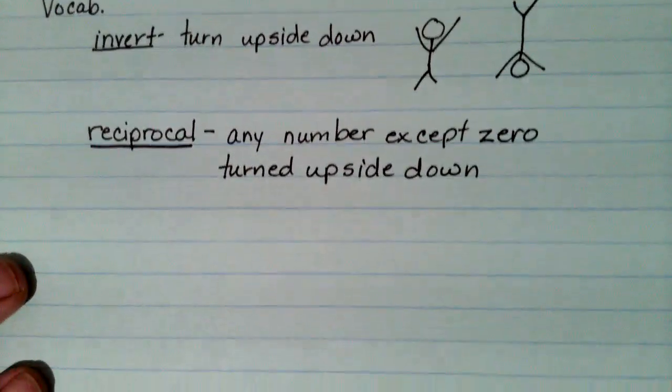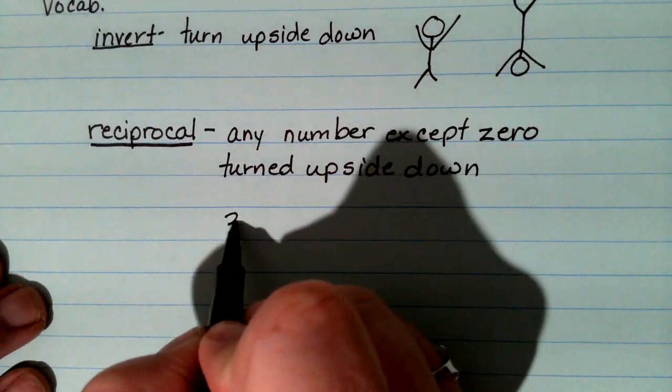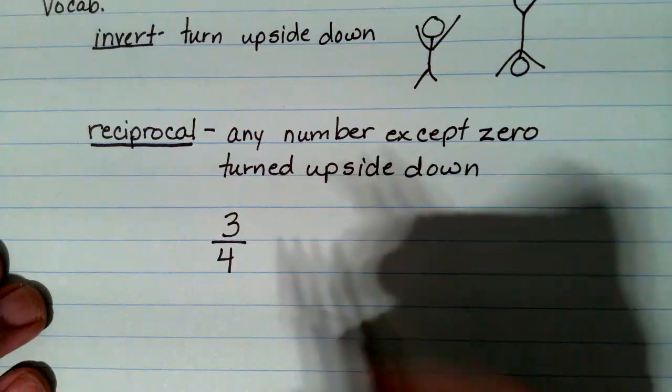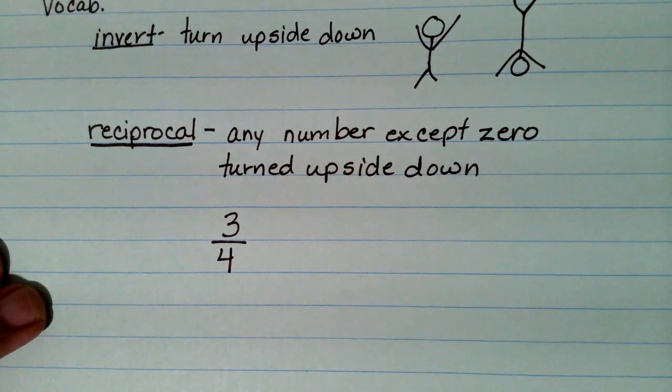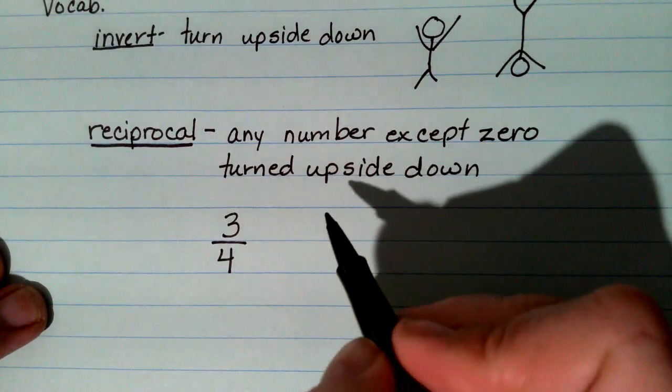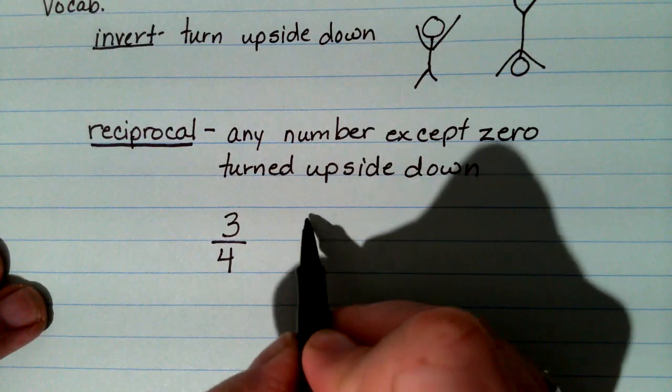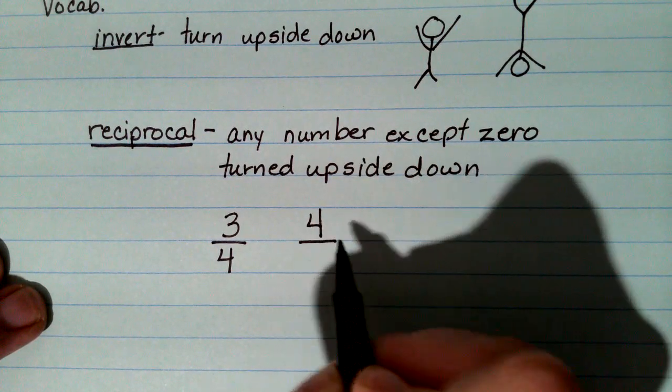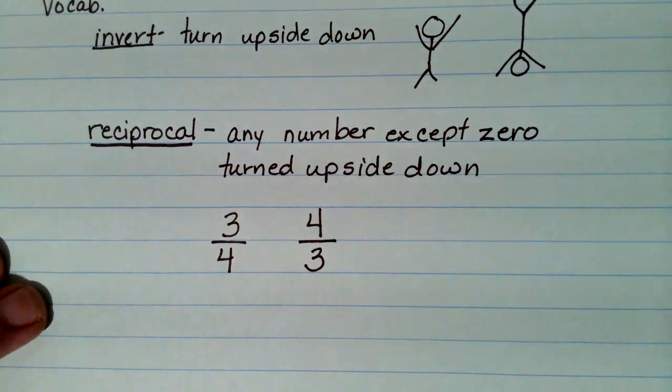So for instance, 3/4 is my right side up, and the reciprocal of 3/4 is 4/3. Okay? We invert it to get the reciprocal.